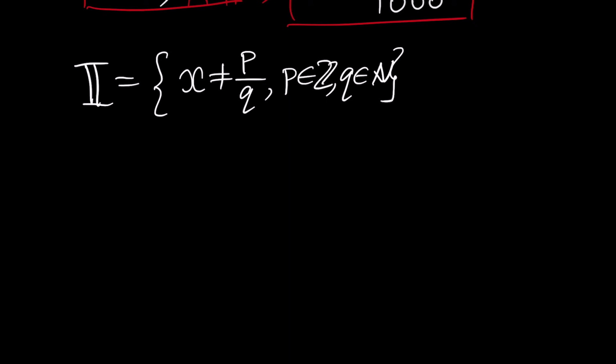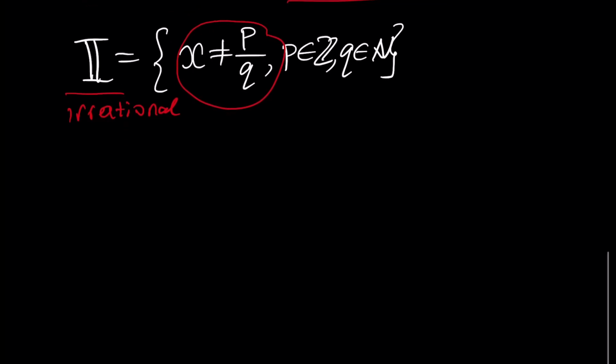Once again, the set of irrational numbers is the numbers which are not rational and don't have a representation p over q, where p is an integer and q is natural.